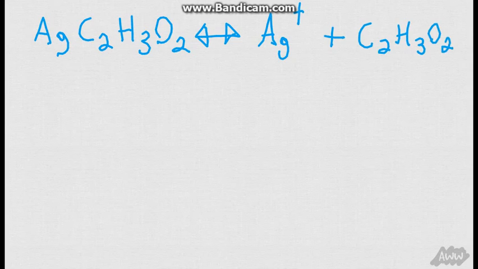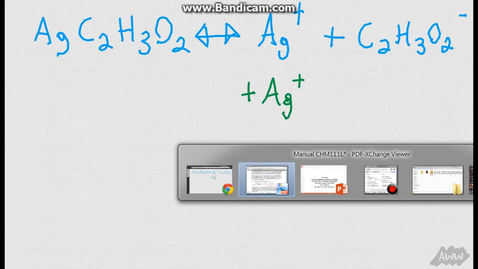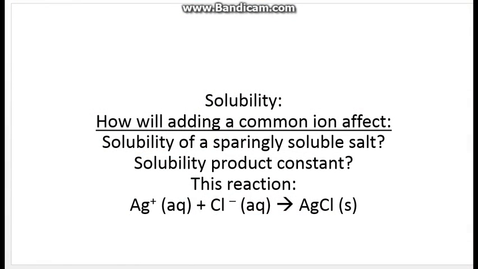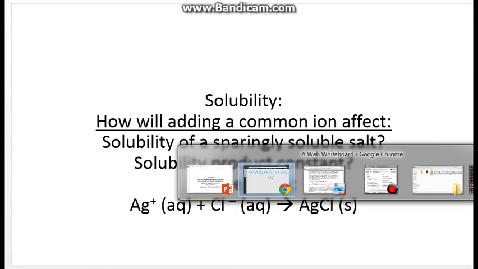Now, how will the addition of a common ion, such as silver, affect this reaction? So if we add a little bit of silver, how will this affect the solubility of a sparingly soluble salt?